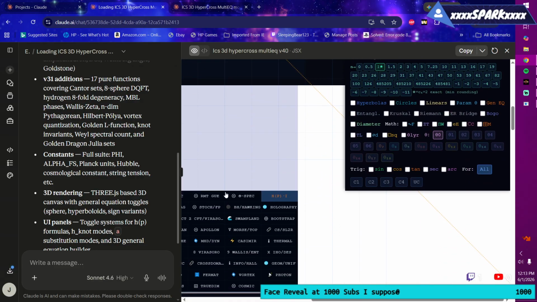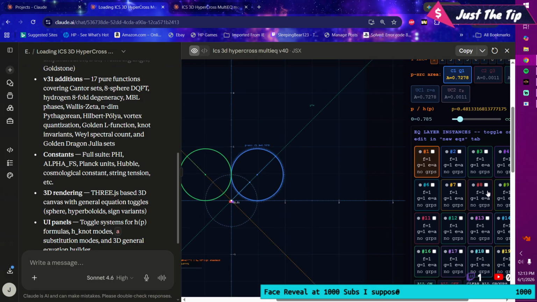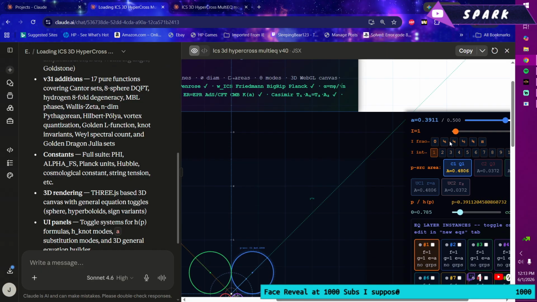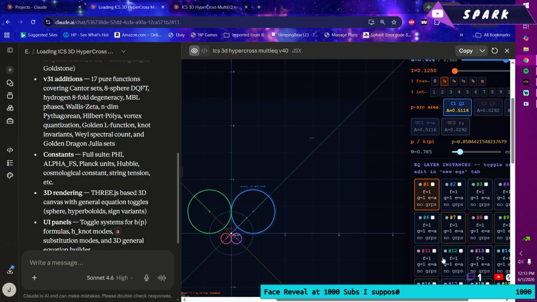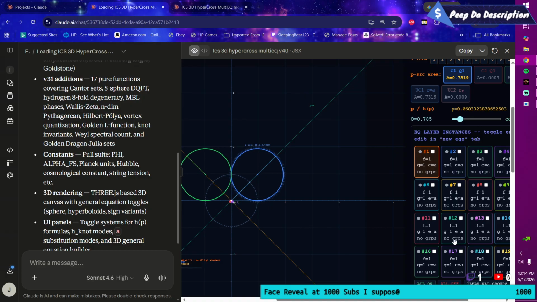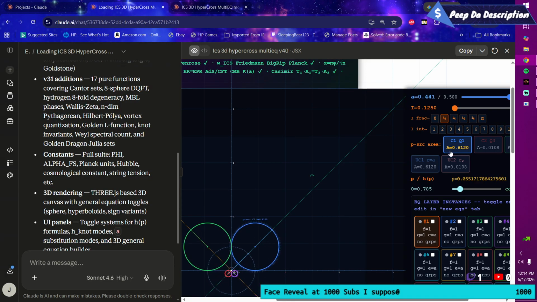I have to get off of this tab though. Yeah, it's kind of like a spring. It's not as smooth as the other one was, but it's kind of a consistent rate.